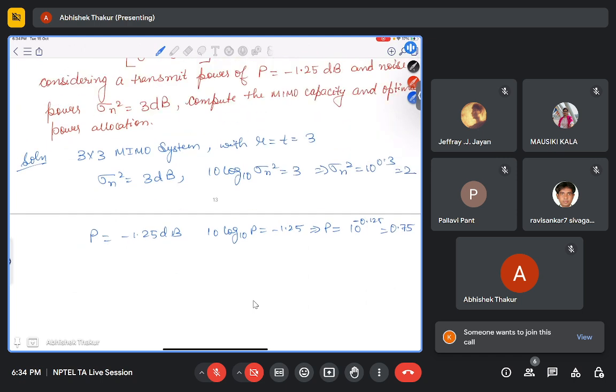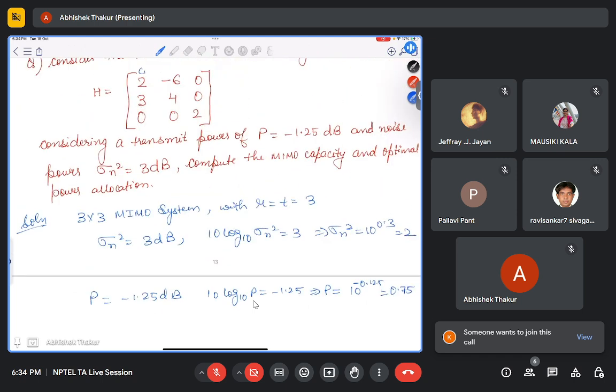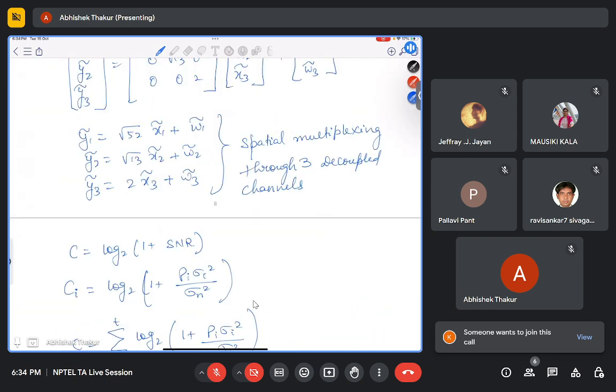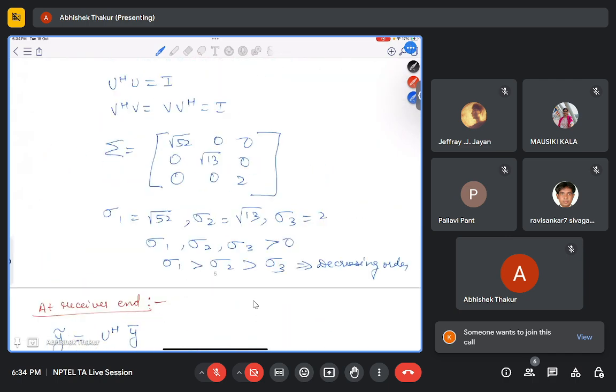Now we can observe that here c1 and c2, c1 Hermitian into c2, can be given as 2 into minus 6 plus 3 into 4 plus 0 into 0. So this will be equal to 0. And this is the same matrix that we have taken previously.